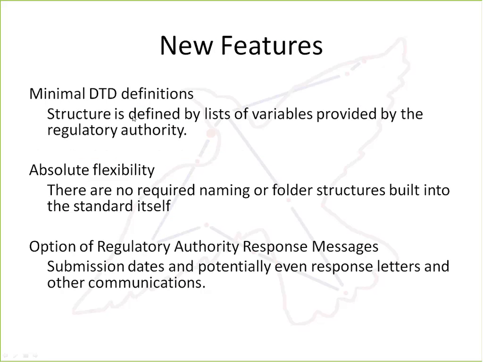And so that means that there's no fundamental structure defined by the system. This, of course, means there's absolute flexibility. Again, no required naming of files or folder structures in the standard itself. By that I mean ICH doesn't say it has to be M1, M2, M3, M4, M5.